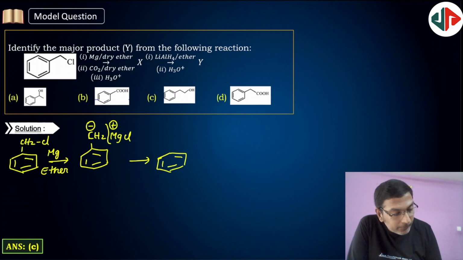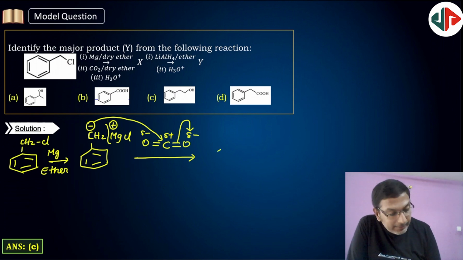CO2, write like this, C double bond O, delta minus, delta plus and delta minus. Electron deficient carbon.